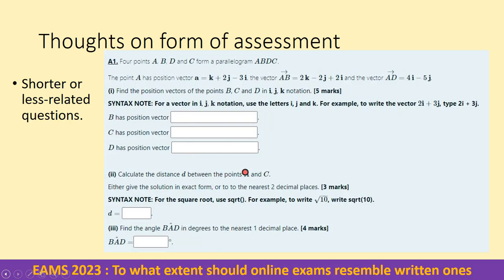A is given, C is used in part 2, it's B and D that are used in part 3. So that means just a little bit less of the linking of decision trees, so perhaps that little bit more can go into the development of the decision tree for each part.